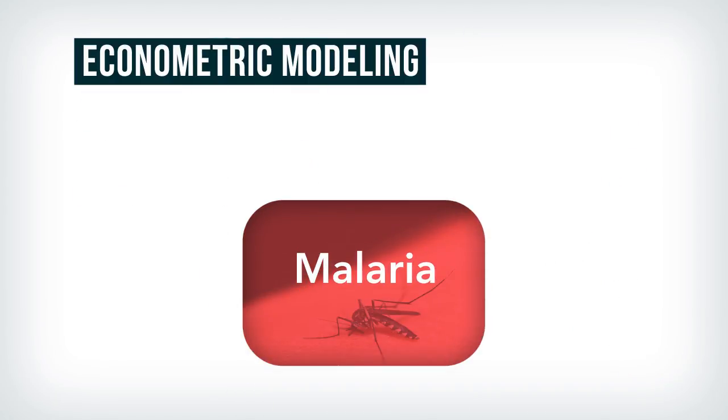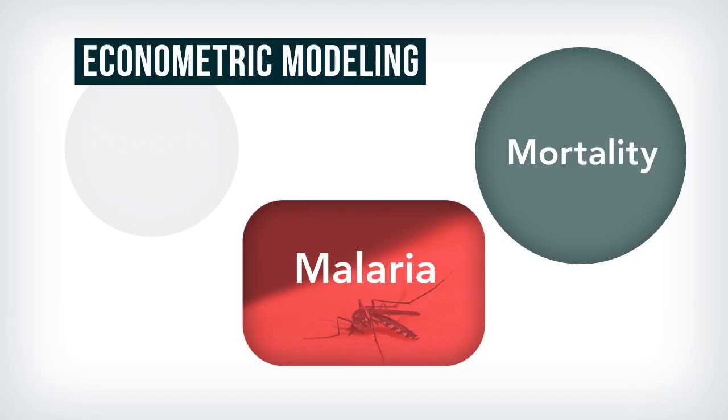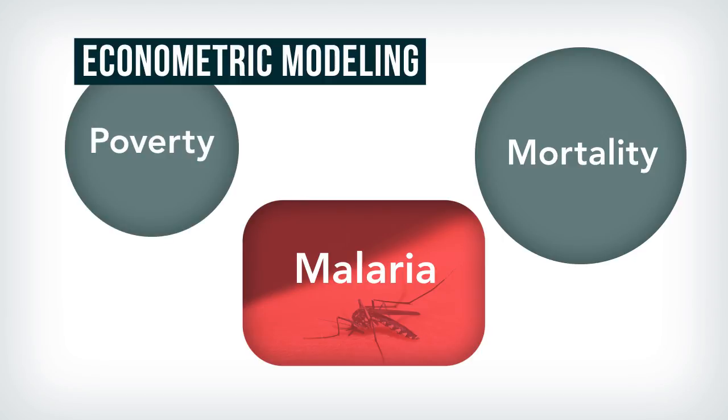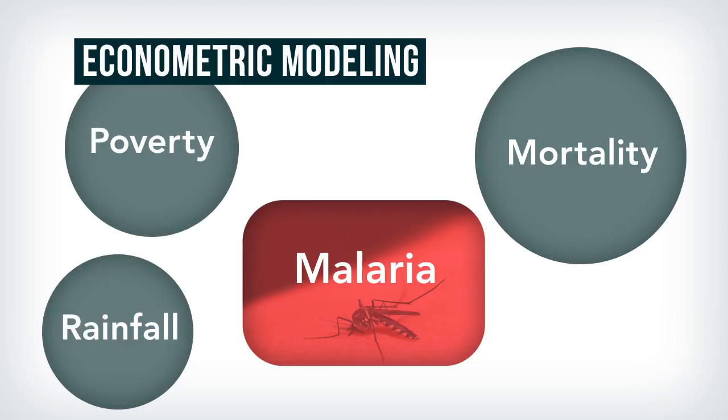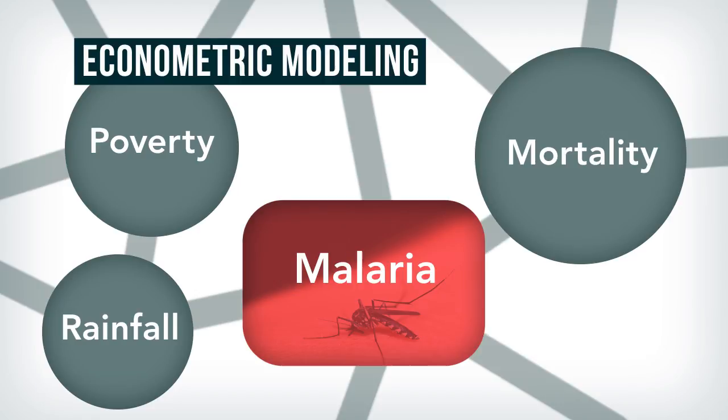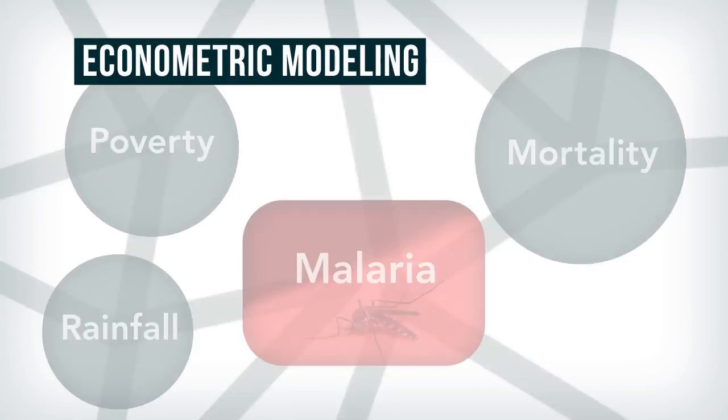So, for example, the overall levels of mortality or levels of poverty, or even factors like rainfall. These variables are used to predict the distribution of the major causes of death, in this case malaria.